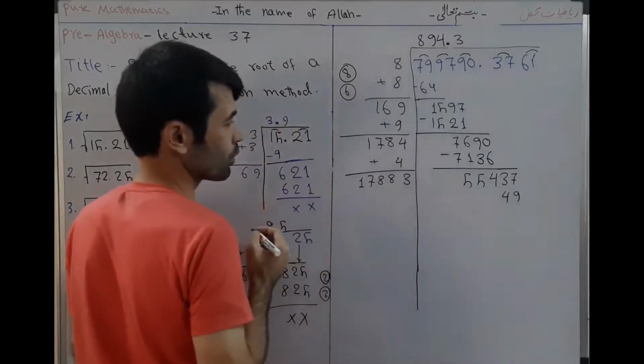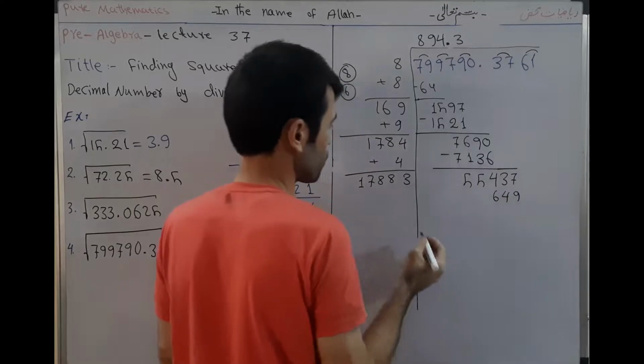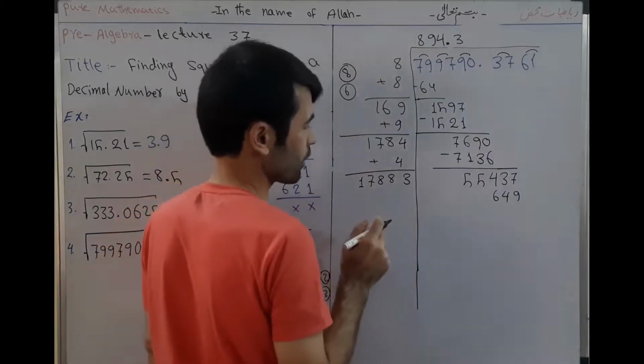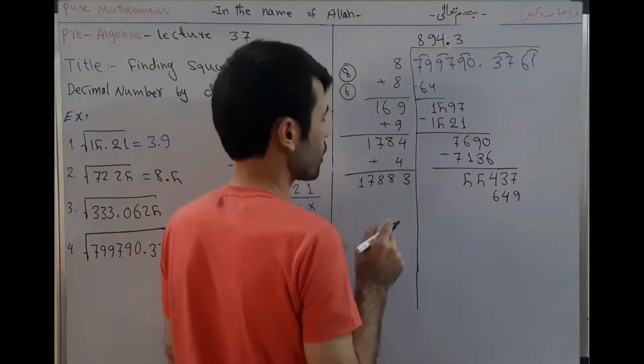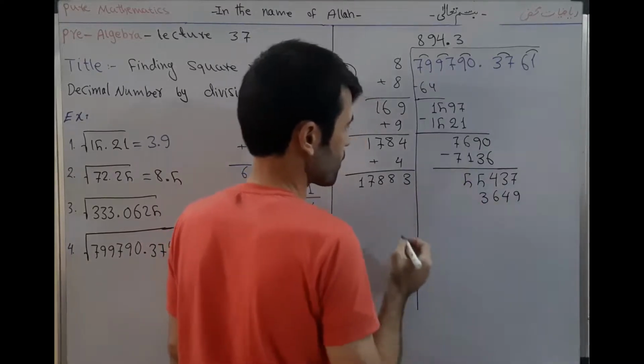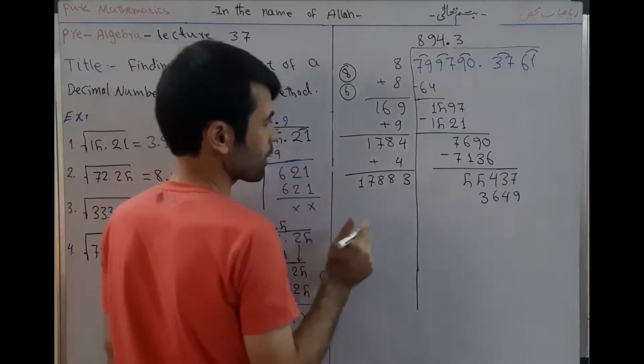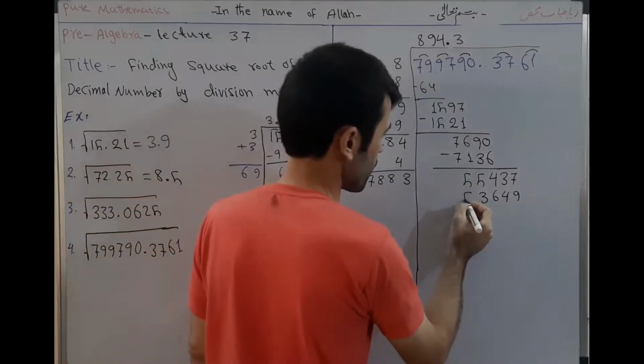We have 2. 3 multiplied by 8 is 24. 24 plus 2 is 26. We have 2. 3 multiplied by 7 is 21. 21 plus 2 is 23. 3 multiplied by 1 is 3. 3 plus 2 is 5.